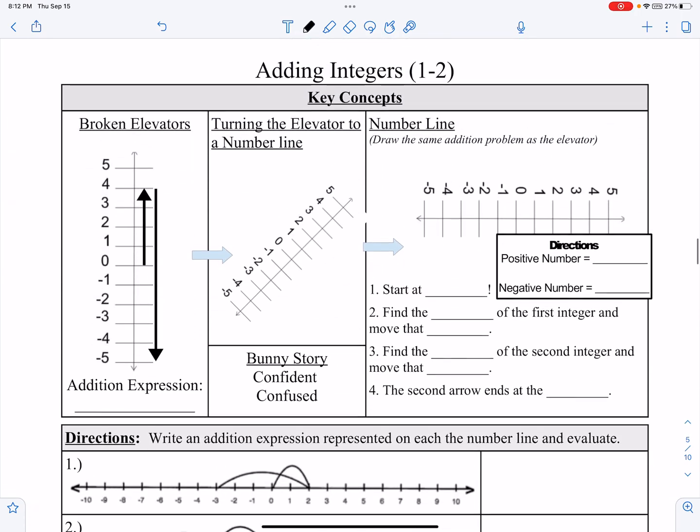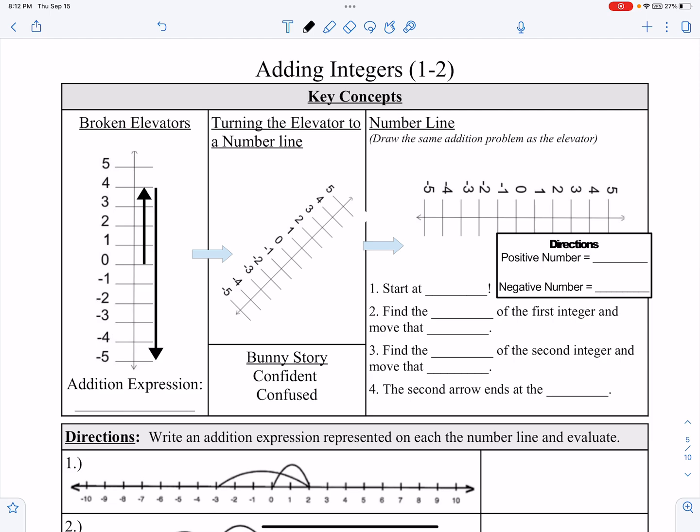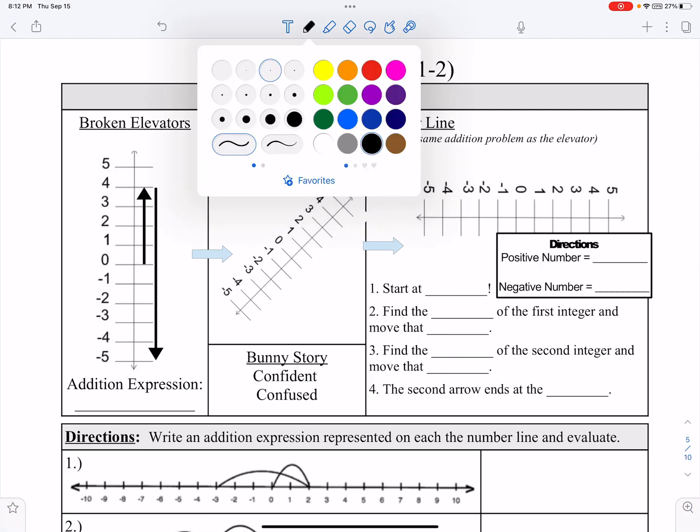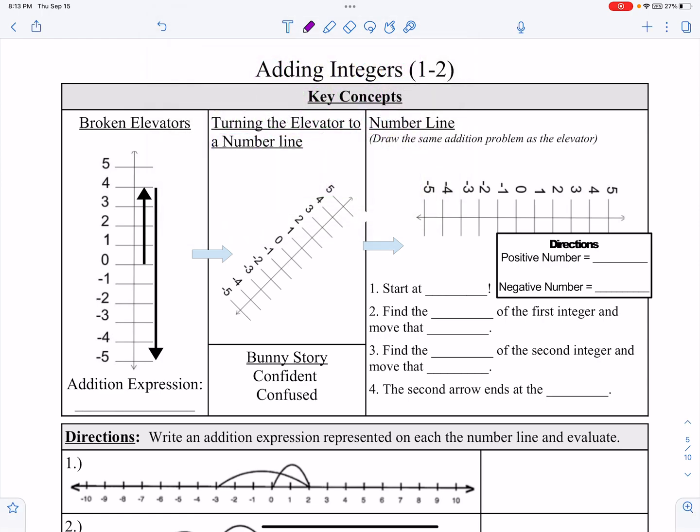So follow along. Make sure you're writing exactly what I'm showing on here. Let me pick a different color for us here. There we go, purple. All right, so we're going to start off with these key concepts, and we're looking at broken elevators. Essentially, if you look at this, it's a number line, but it's vertical. We can think about adding integers on a number line as sort of elevator movement.